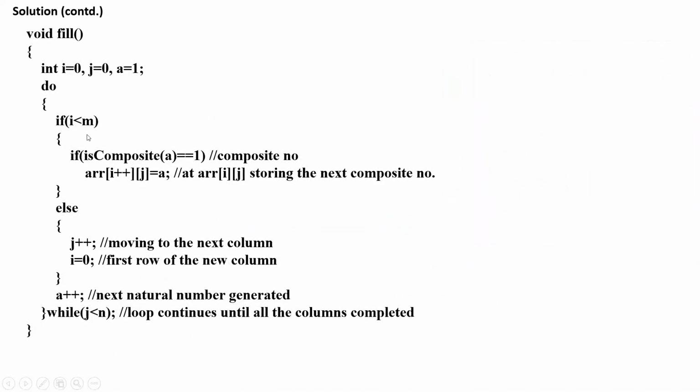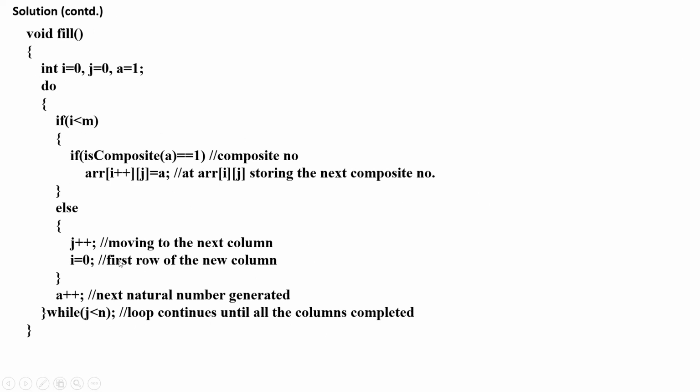Now the void fill, what I have done: I've called the composite check function, and store all the numbers which are passed to isComposite and return 1 in the array column wise. The question says to store the first m cross n composite numbers column wise.